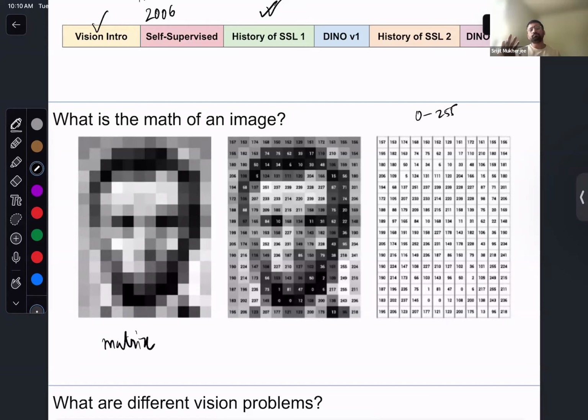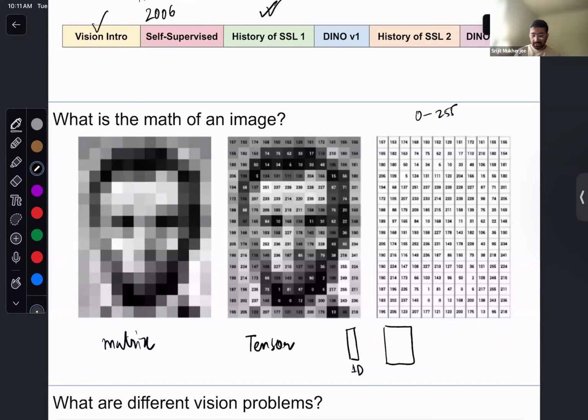Now the question is, how do you represent a colored image? You have multiple channels. But let's assume that our image is a tensor, which in general is like a 1D tensor is a vector, a 2D tensor is a matrix that you can see here on the screen.